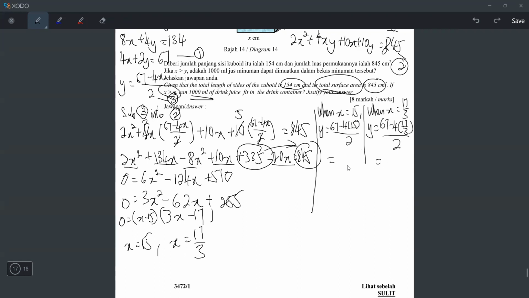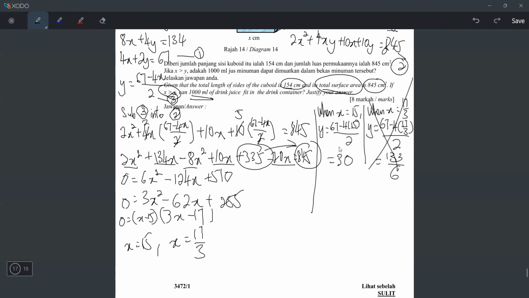Let's see what I get. 67 minus 4 times 15 divide 2 is 30. Okay, it's 30. And then what about here? Let me press 4 times 17/3, and then 67 minus answer divide 2. Okay, 133/6. But I will cross this out.